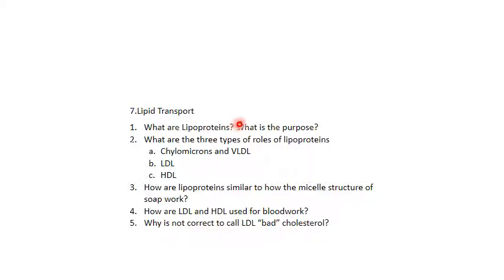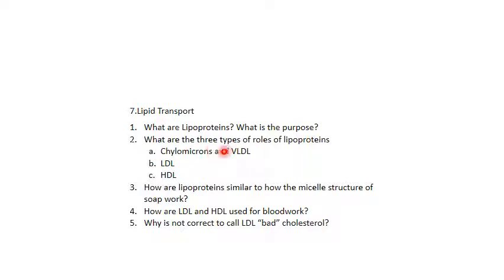All right, so you have to have a way of transporting the lipids without the blood noticing it, and that's what lipoproteins do. They transport the lipids.